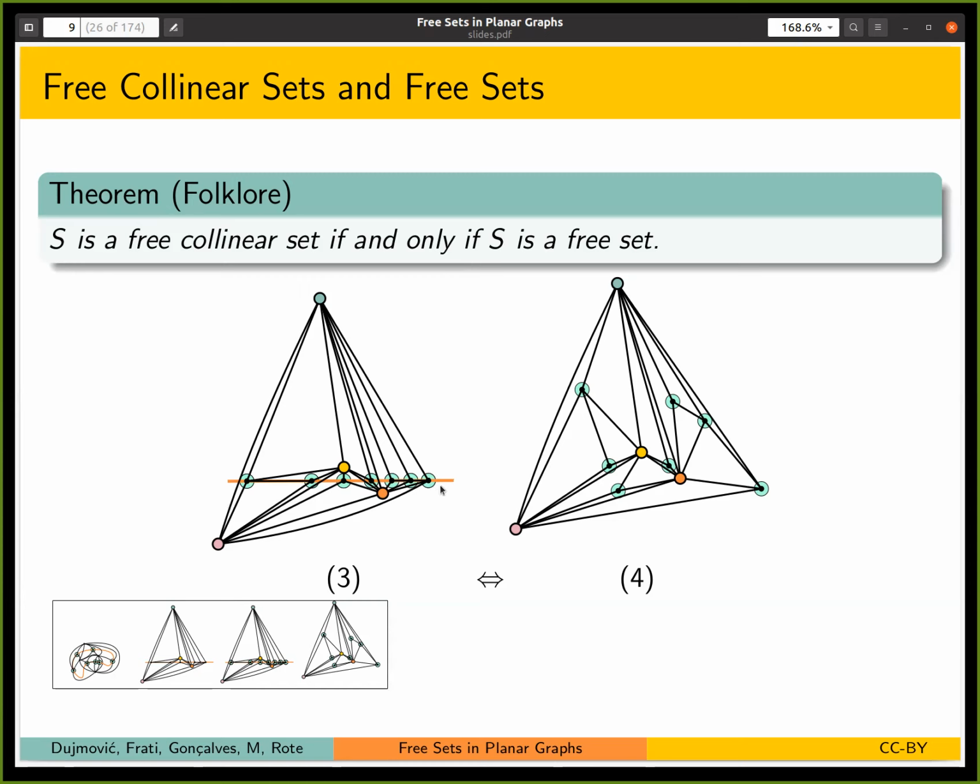And now you cheat and use this trick that planar straight line drawings make a kind of open set, in the sense that I can move vertices by very small distances in any direction without introducing crossings. And in particular, I can move each of the vertices which is on the line up and down by at most epsilon, for some epsilon, without introducing any crossings.